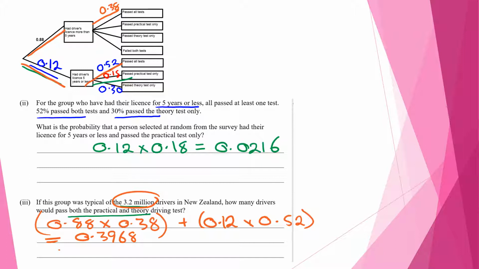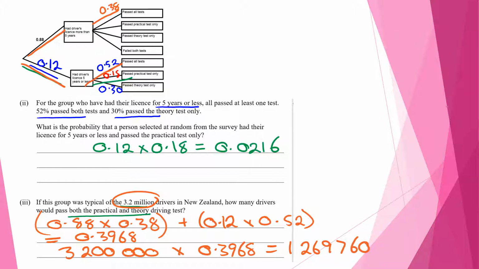So 3.2 million people times, it's probably easier if we write this as the number 3,200,000 times our probability we just worked out.